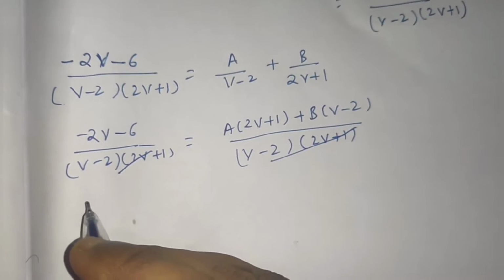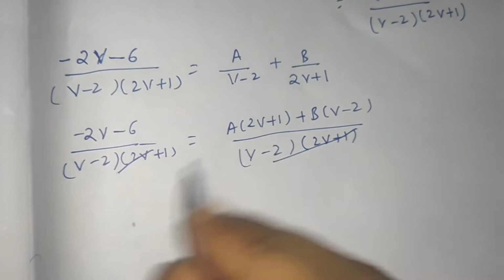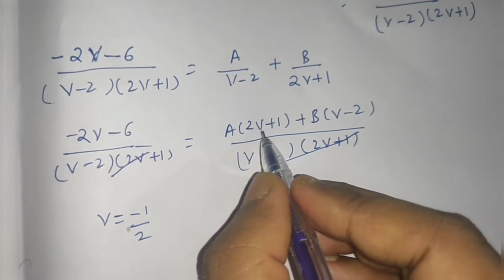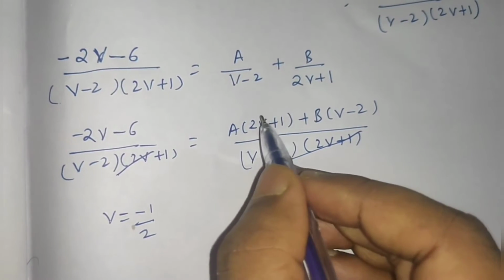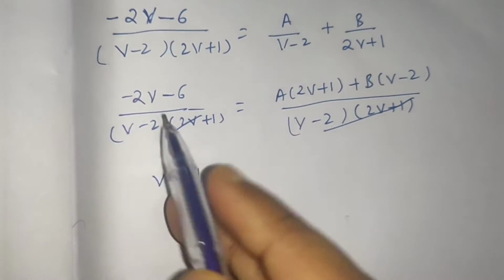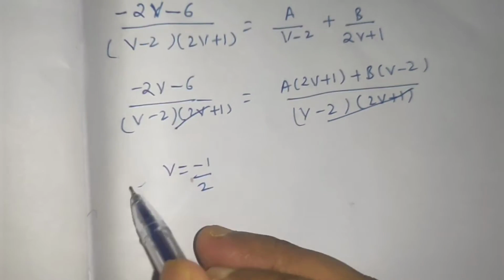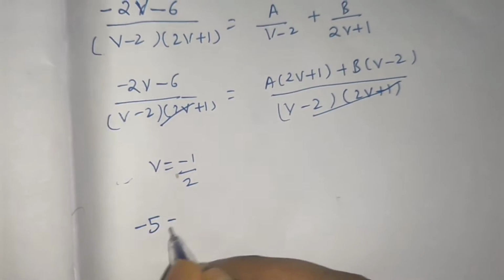Now once you put your value of v as minus 1 by 2, this will become minus 1 plus 1, 0. That means this term will vanish and we can calculate easily. So putting v as minus half, minus minus plus, so this becomes 1. 1 minus 6 is minus 5.